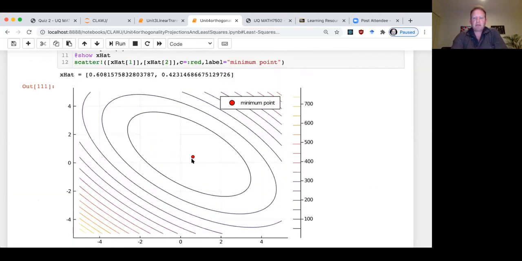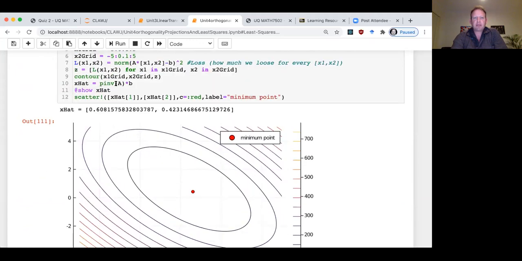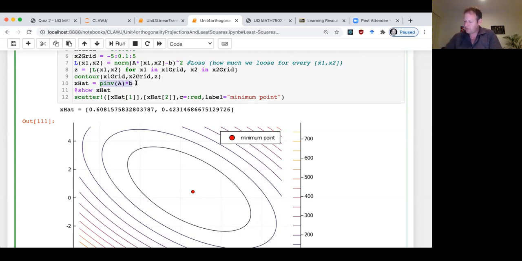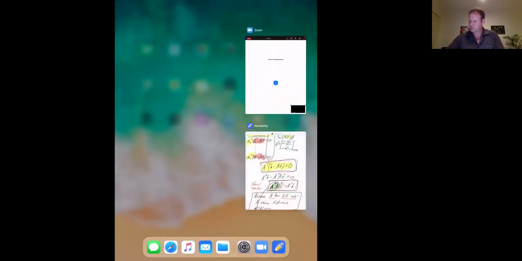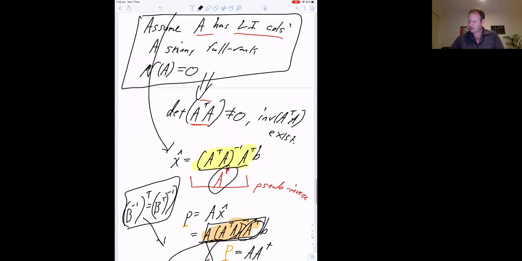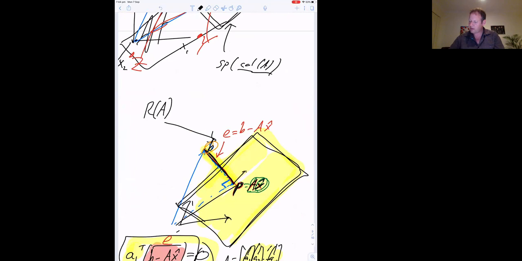So this minimum point here we got by the pseudo inverse times P. So it's exactly what we did before. Let me relate this to the notebook. When we did all this stuff here, we could have had the point here, or there, in different spots.